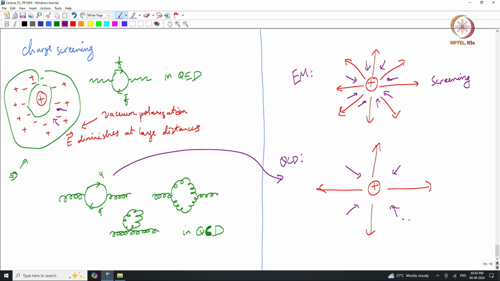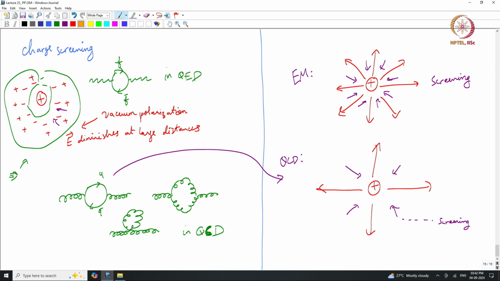This still leads to screening. But now you also have polarization from gluons themselves, right? So if you think about it, would the gluons actually screen or anti-screen? Would it enhance the field or diminish the field effectively? It would of course enhance the field, right?